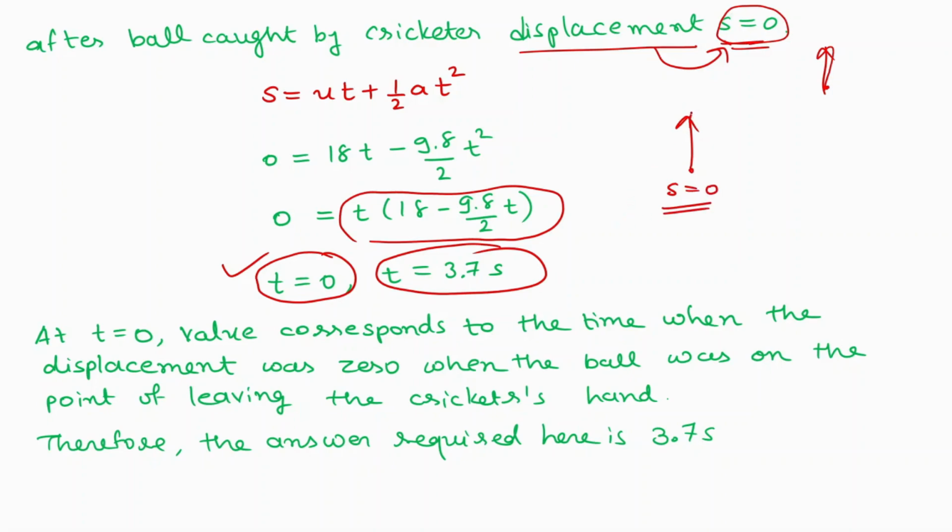And after the throw, the ball attains some high position and comes back to the cricketer's hand, and that also says s is equal to 0. So there are two scenarios. For the first, we have t equal to 0. And for the second, after coming back, the ball takes 3.7 seconds. That's why we have two answers here.